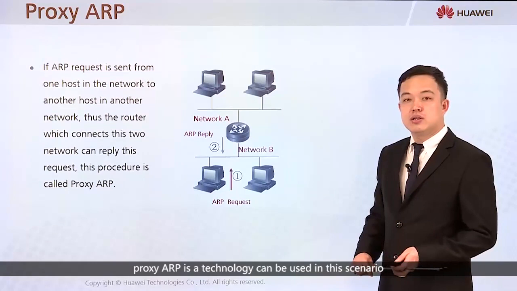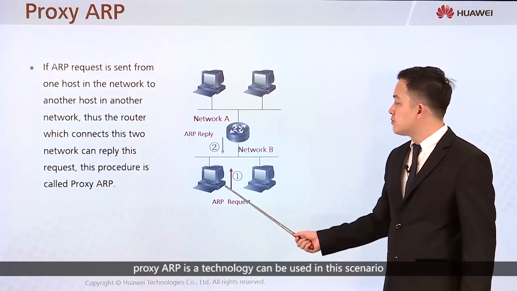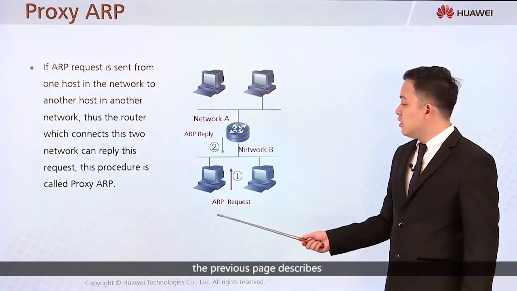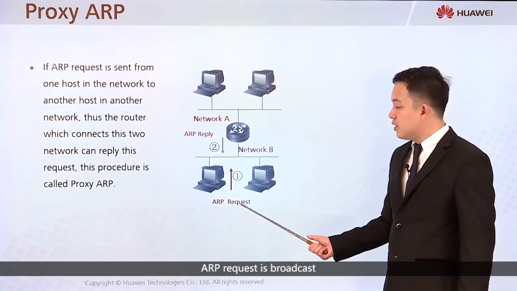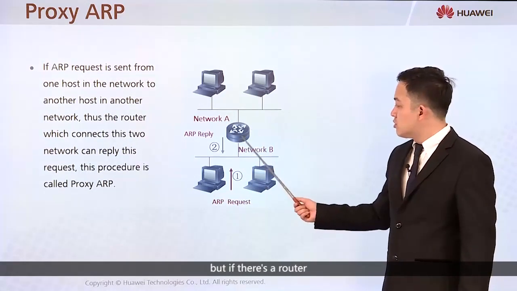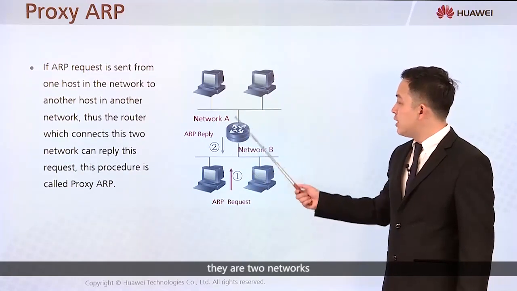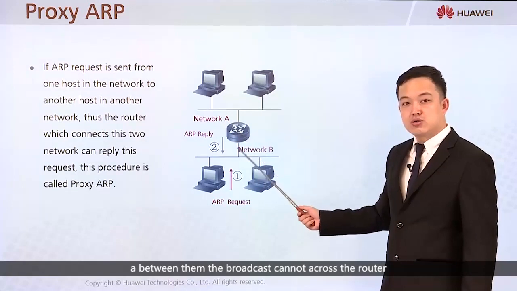Next one is proxy ARP. Proxy ARP is a technology that can be used in this scenario. The previous page describes that the ARP request is a broadcast, but if there's a router and there are two networks between them, the broadcast cannot cross the router.